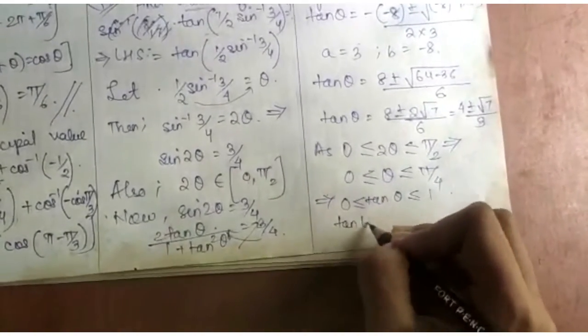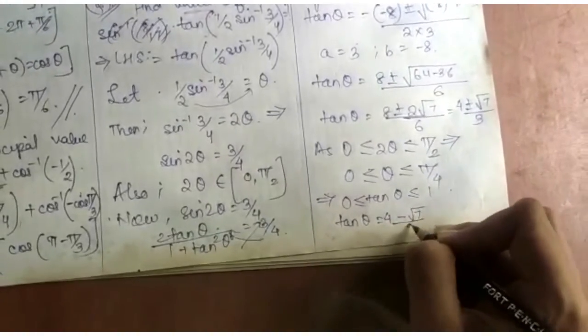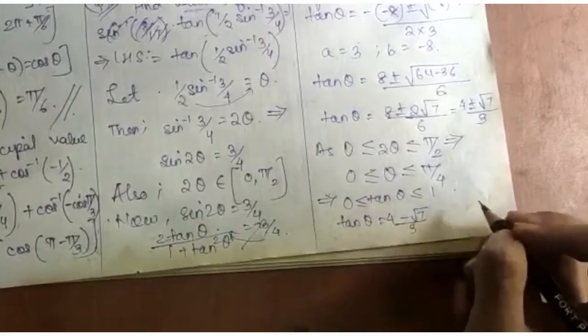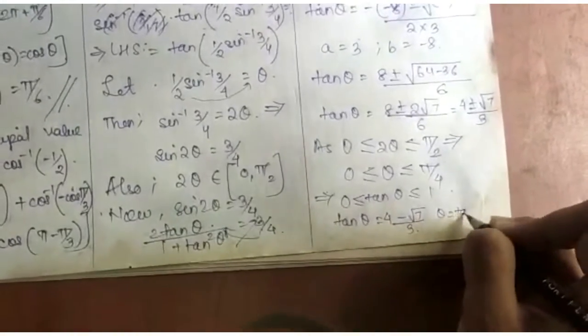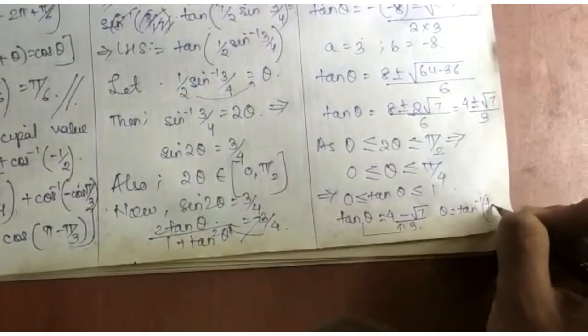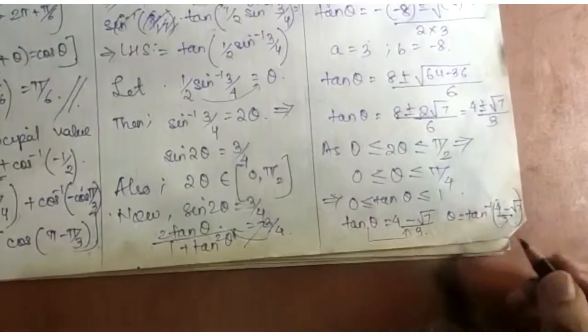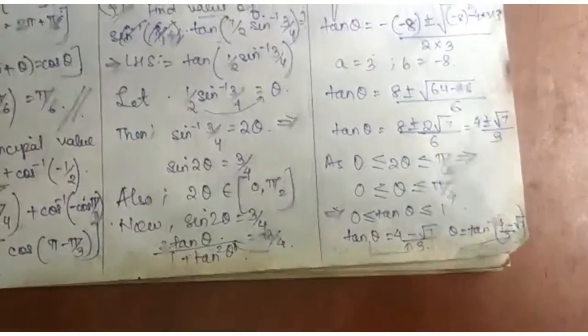Therefore tan theta is equal to 4 minus root 7 upon 3. Therefore theta will become, if we take tan to the other side, tan inverse of 4 minus root 7 upon 3. Therefore this is the answer.